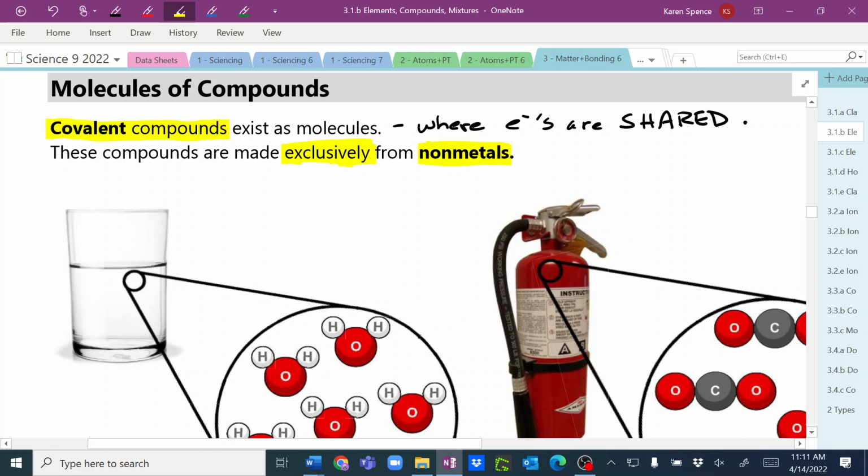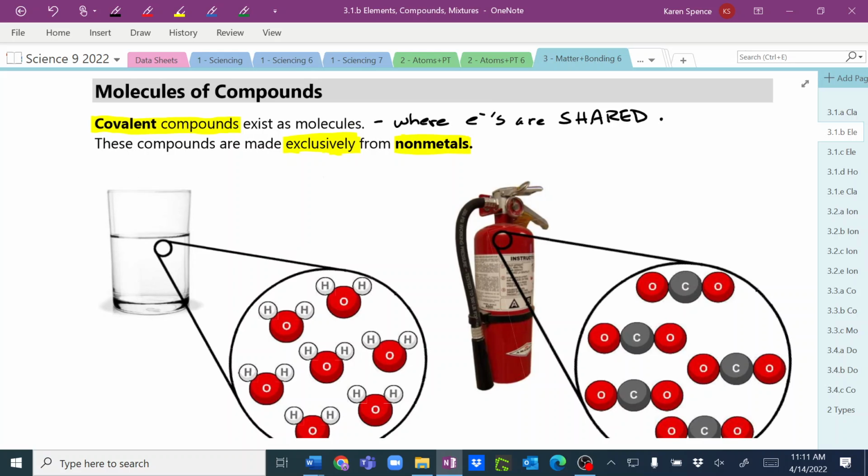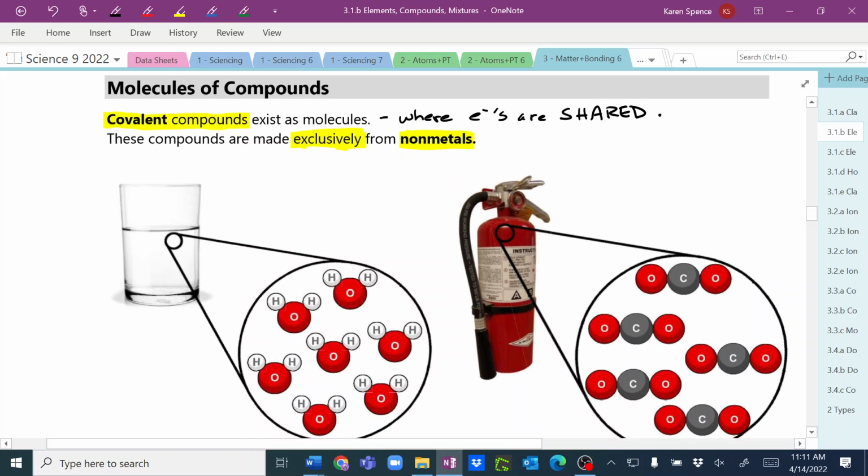So if you have a metal and a nonmetal, you cannot make a covalent compound, okay? And the reason is that metals really like giving electrons away. Non-metals really like taking electrons. So if you put two non-metals together, they're both trying to take the electrons, so they end up just sharing them because they're both pulling on them about equally.